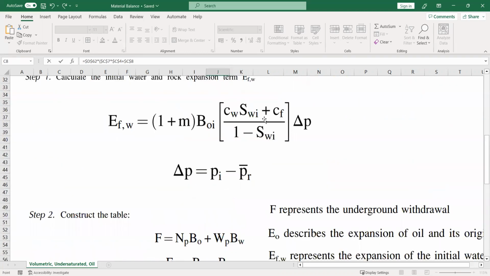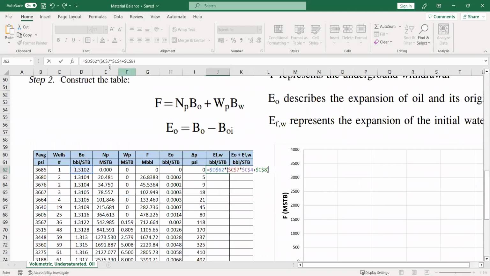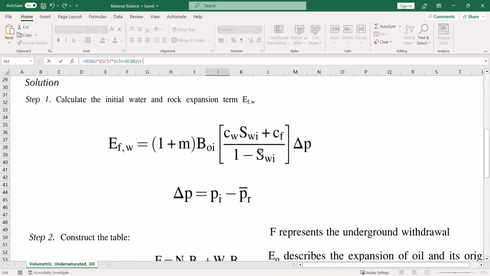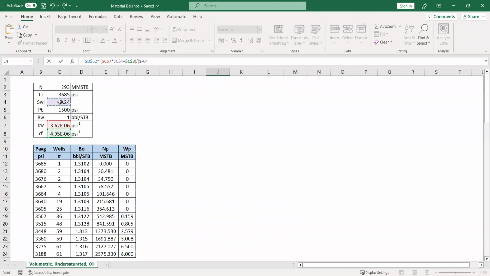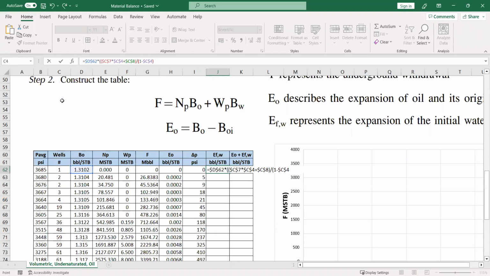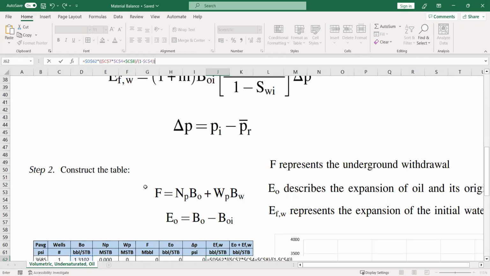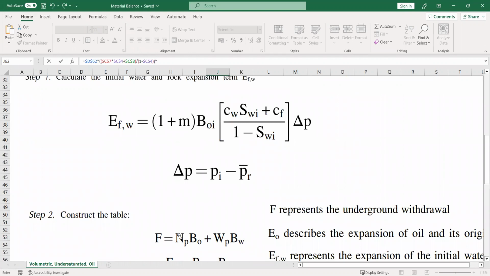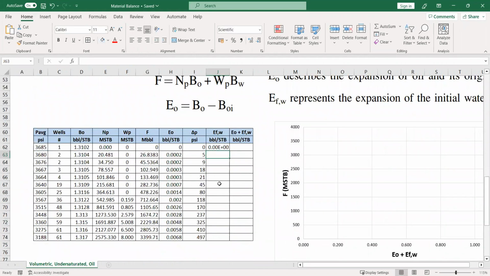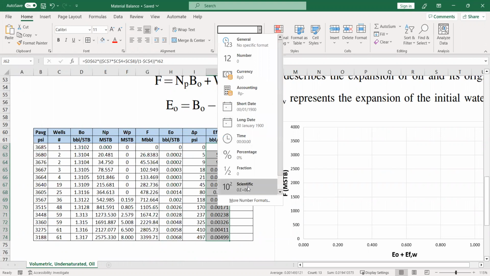And then close, and then open another parenthesis, a bigger one there. But now you divide this term with 1 minus initial water saturation. Lock, close, and close again. But not finished yet, multiplied by delta P. All right. You can change it from general format, but of course we prefer the scientific format.